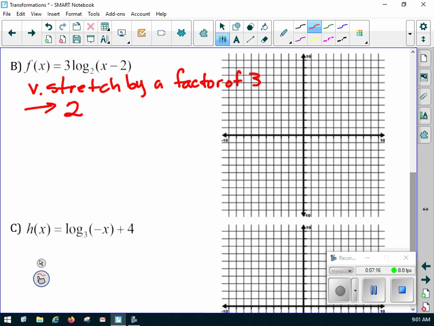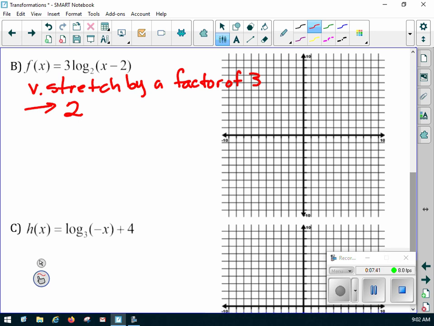All right. Now let's talk for a minute. What does vertical stretch by a factor of 3 do? Multiply what by 3? The y values. What does right 2 do? Add 2 to the x.